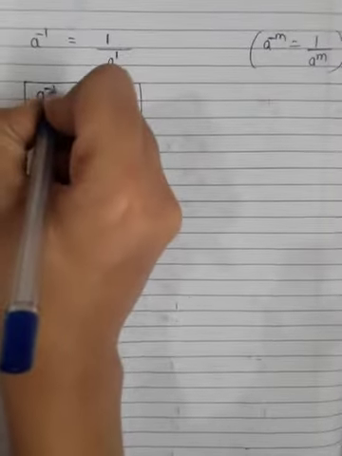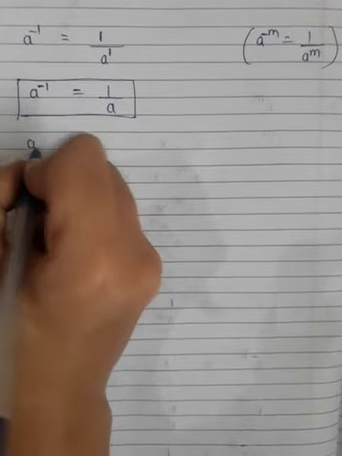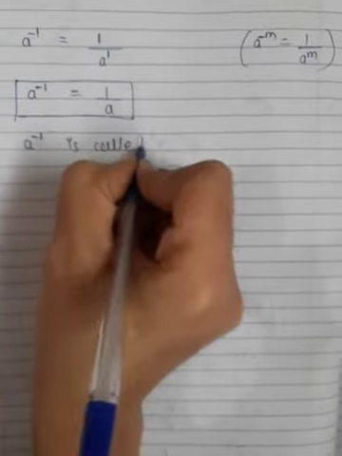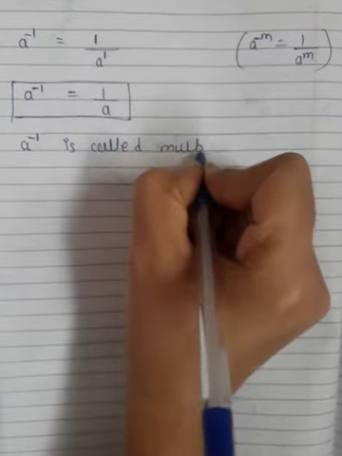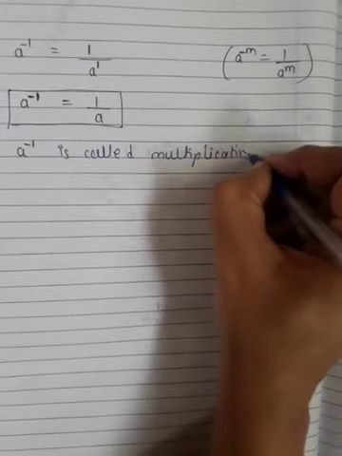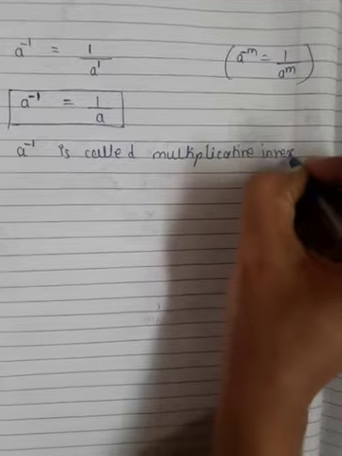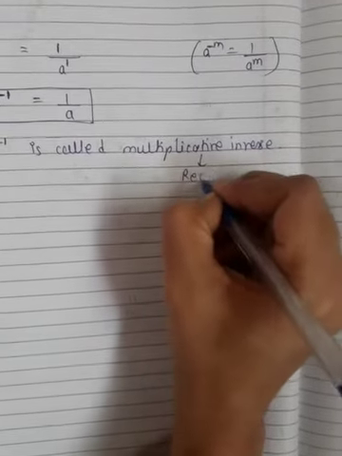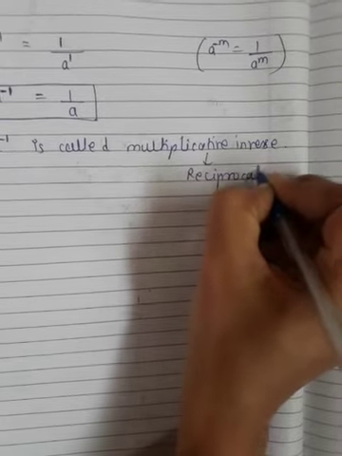Okay, so here a raised to minus 1 is called the multiplicative inverse. Whenever the negative power is 1, we call it the multiplicative inverse. We also know this is called the reciprocal.